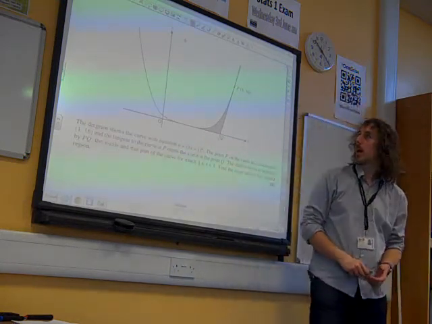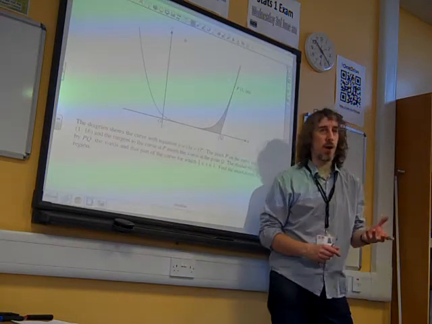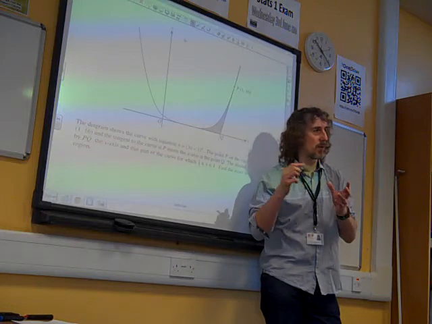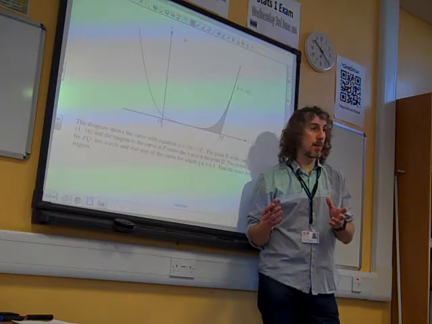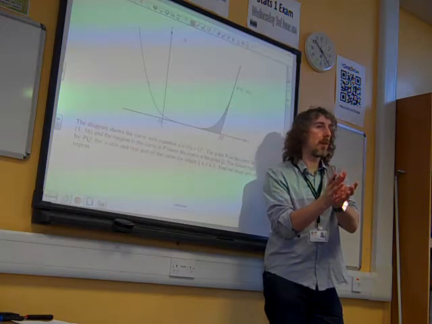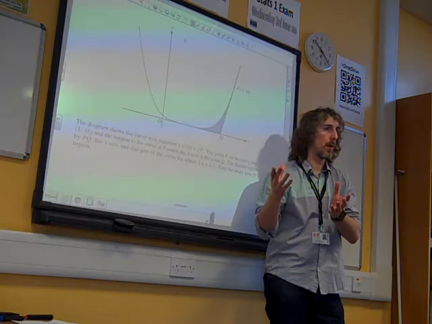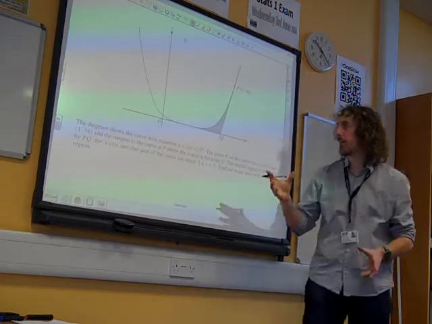Right. Once again, this is becoming a reasonably common thing, isn't it? Have you noticed this as you look through the past papers? We get an integration question about area, but there's something about it at the start that means it's also a differentiation question. They quite like getting both bits in here.